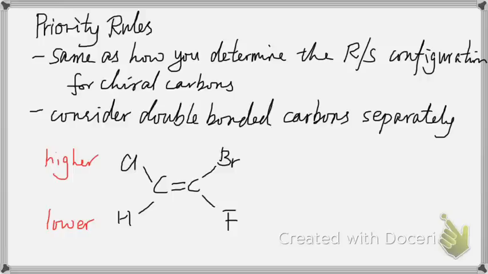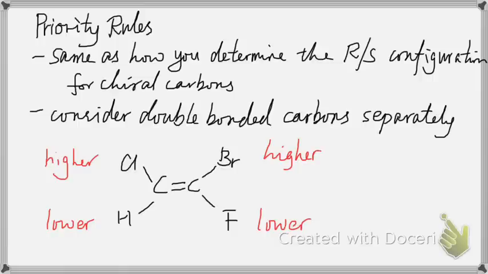So we are done with the left carbon. Now let's look at the right carbon. Bromine and fluorine are the two atoms attached to it. Bromine has higher atomic number, fluorine has lower atomic number.